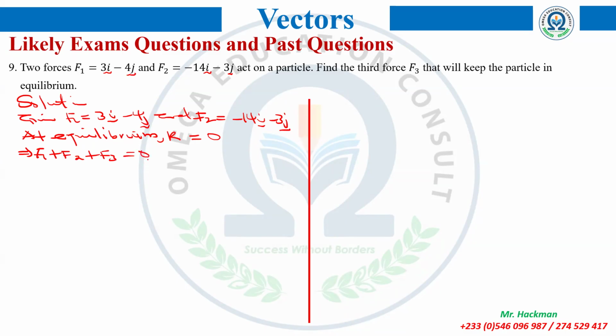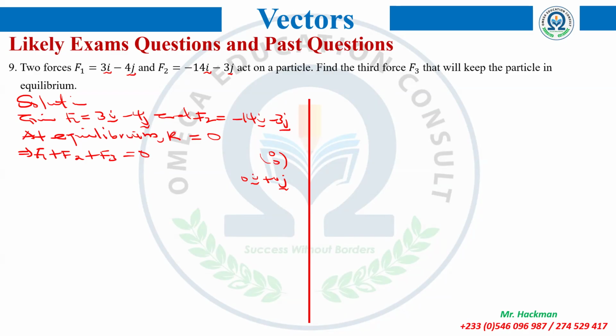And the 0 that you have here is a 0 vector. If the vectors you are dealing with are column vectors, then it will be the 0 column vector. If they are Cartesian, then it will be the 0 Cartesian, which will give you 0i, then 0j. Is that clear?